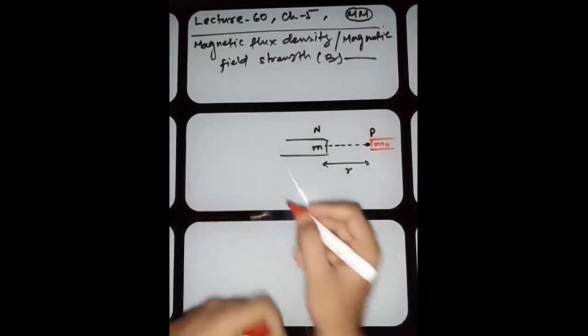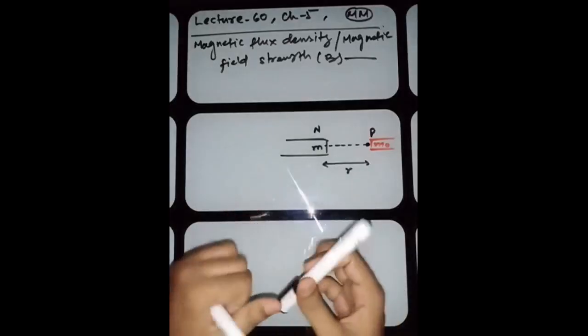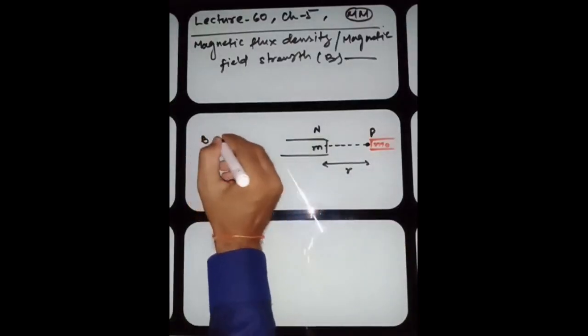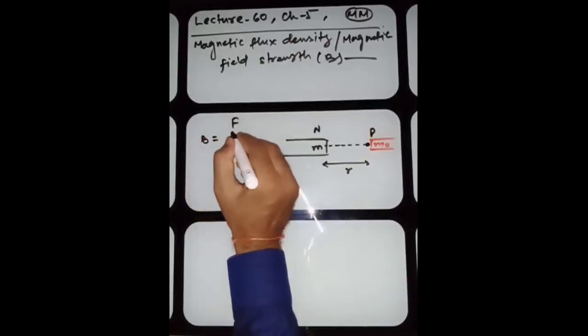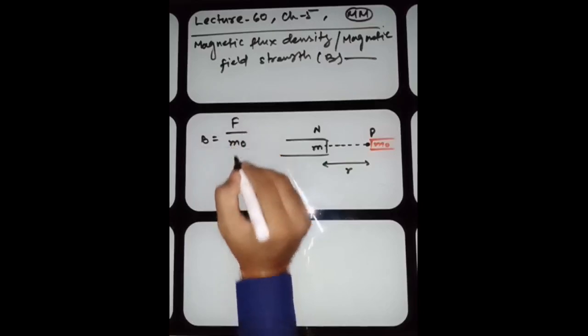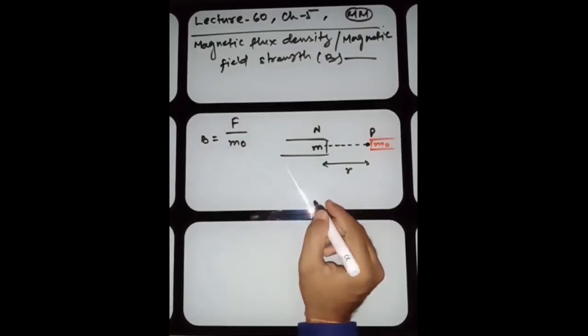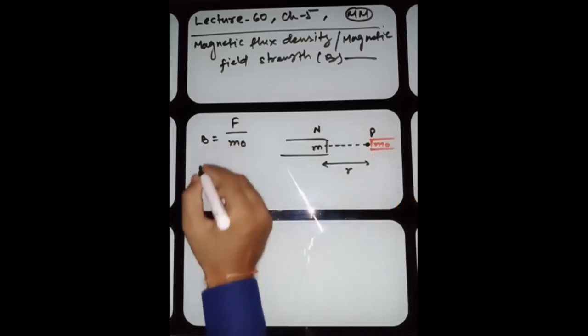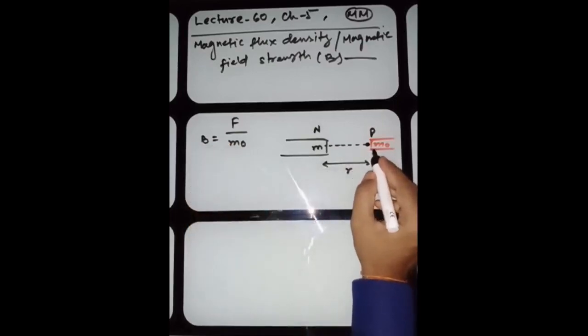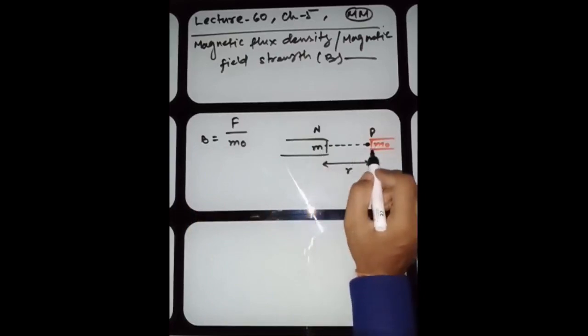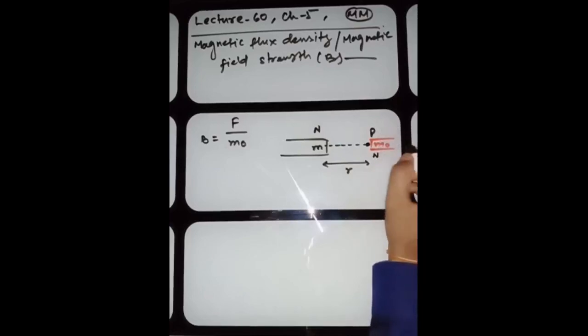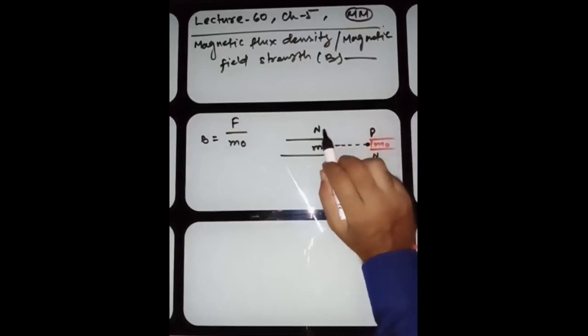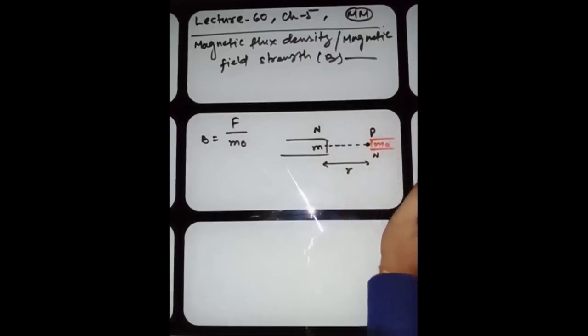Now, according to the definition, we got that the B field strength will be the magnetic force per unit test pole strength, that is M0. Now, what will be the direction of force? If this is north and this is the test pole, then this will be also north. So it will move away and the magnetic field will be in the outward direction. You can see here this north pole will have the magnetic field in the outward direction.